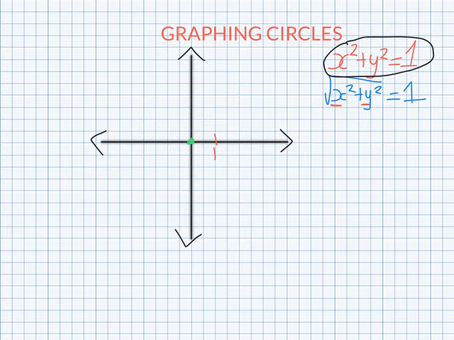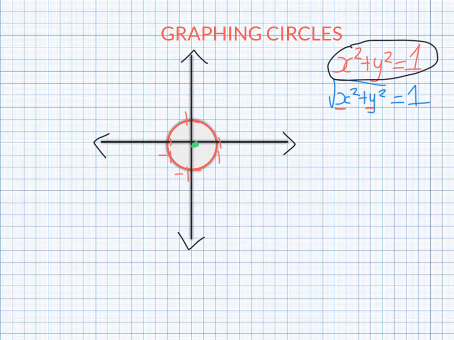So it'll go across 1 in every direction. Of course, this will be the coordinate -1, and then it'll also go up 1 and down 1. So the graph will simply look like this: a circle with center, origin, and radius 1. So this is actually pretty easy.